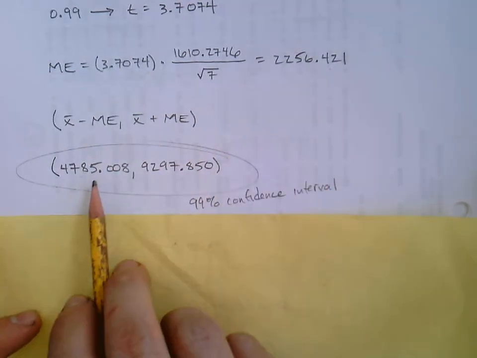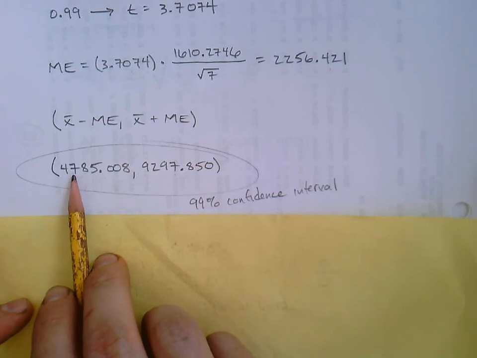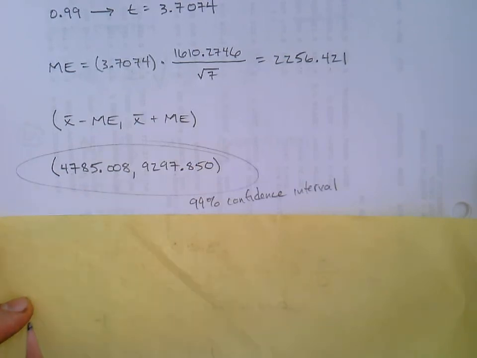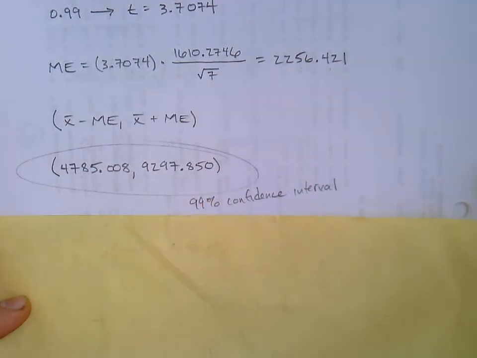When you subtract the margin of error and round to 3 places, you get 4,785.008. And when you add that number to x bar, you get 9,297.850. That is the 99% confidence interval for this data.